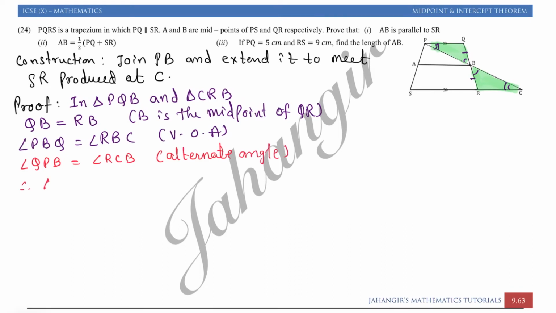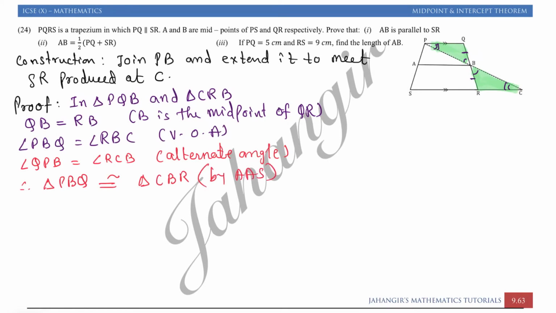So therefore triangle PBQ is congruent to triangle CBR. Wait, let me check what I do. PQB, so I can write it as triangle PBQ then CBR by angle side.